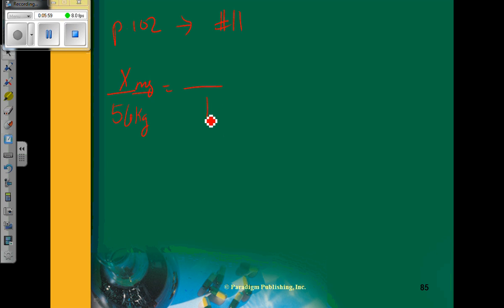So if you have kilograms on the bottom, you put kilograms here, so it'd be 1, milligrams on top, 0.5. Okay, so then you're going to cross multiply. X times 1 is 1. 0.5 times 56 is 28. 28 divided by 1 would be 28 milligrams of the dose.